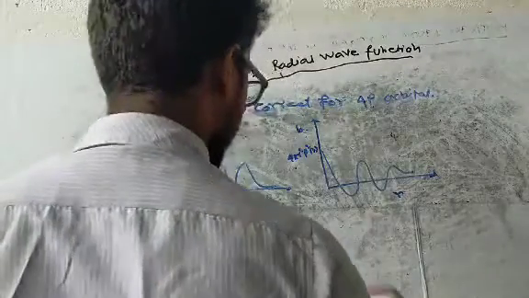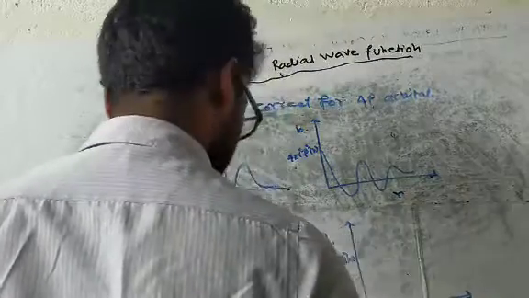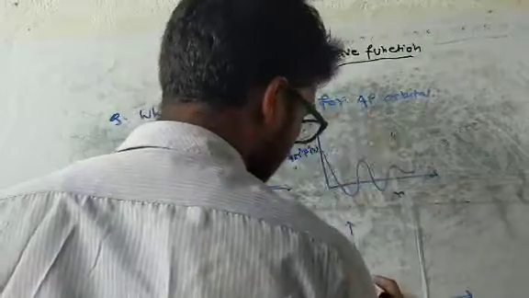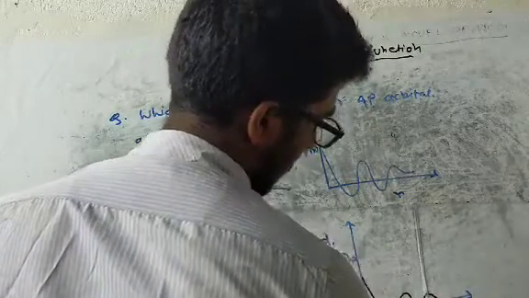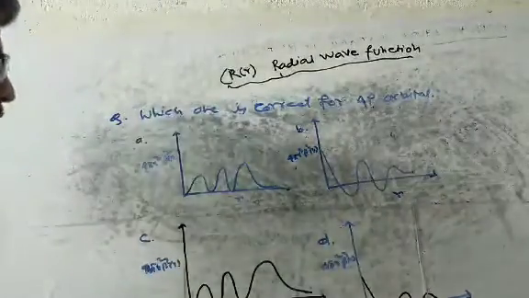And for option D, 4 pi r square R of r versus r. So which one is correct?